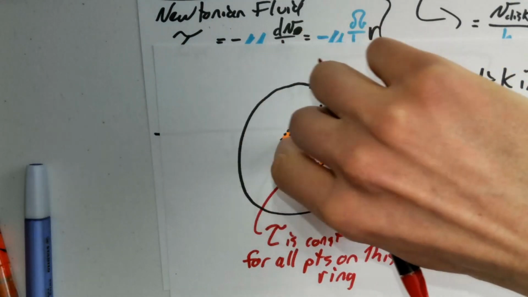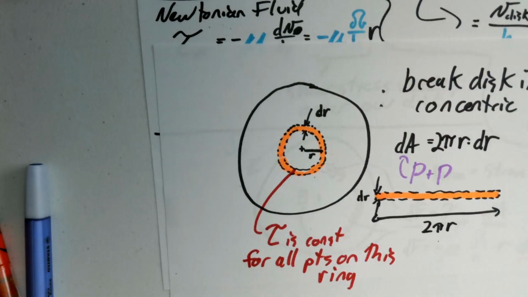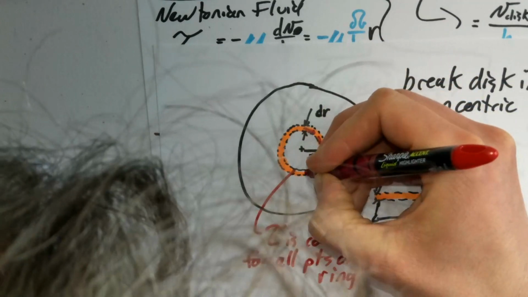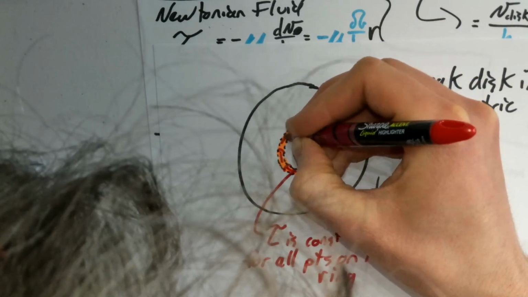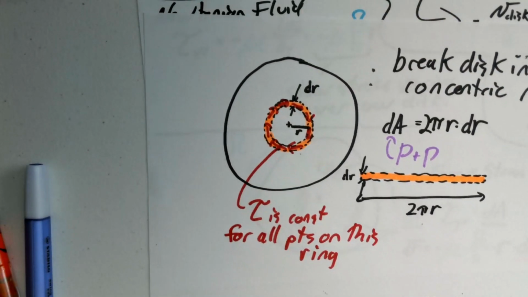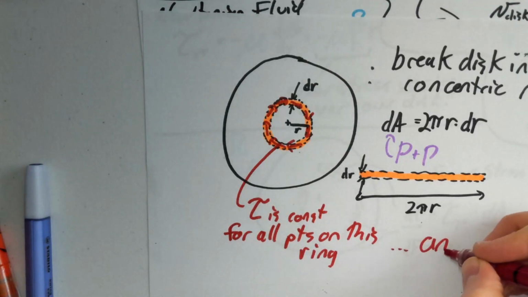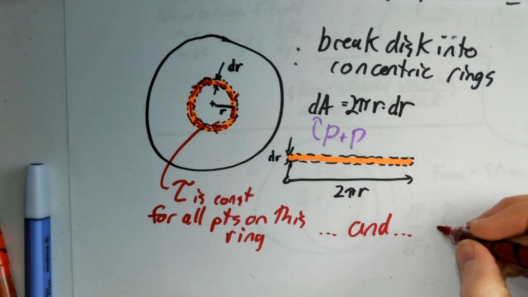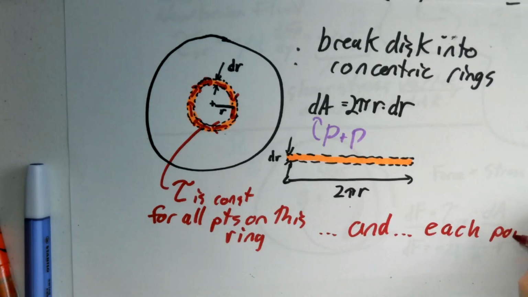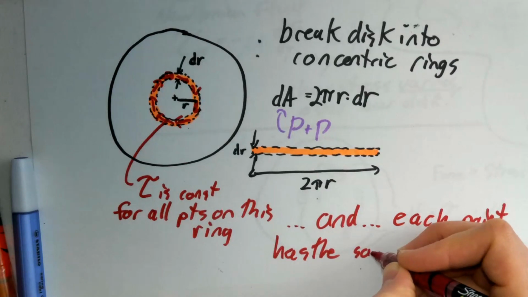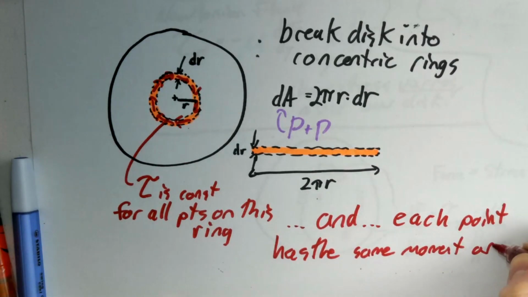Of course, different rings have different shear stress, but shear stress is constant for all points on this ring. So what does this mean? We can imagine each little bit of shear stress is holding back on the ring in exactly the same way, and each point has the same moment arm about the center.